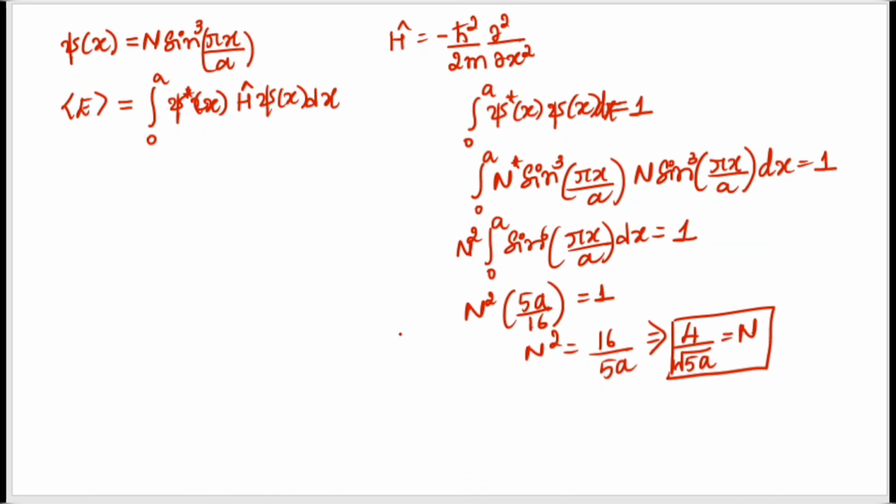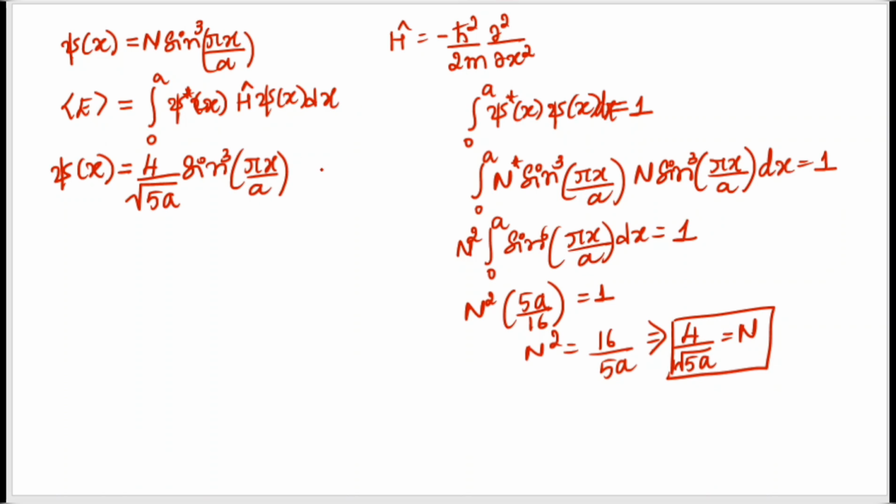Now we got the normalized wave function, that is psi of x, which is equal to 4 divided by square root of pi a into sine cube of pi x divided by a.